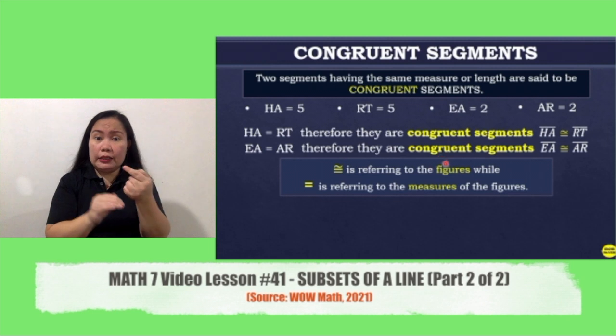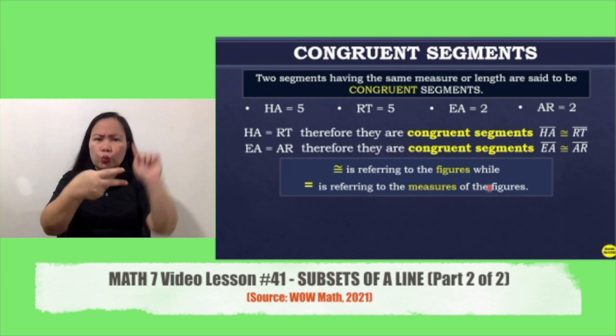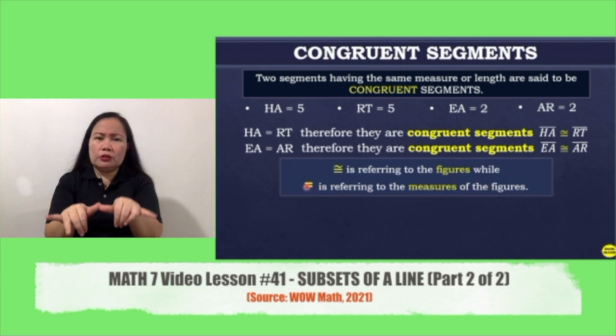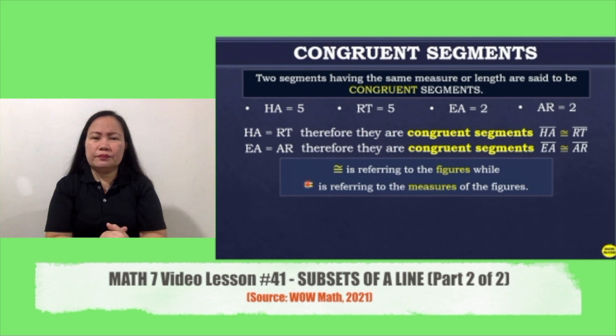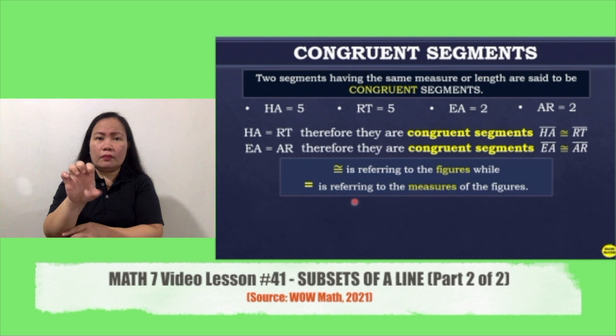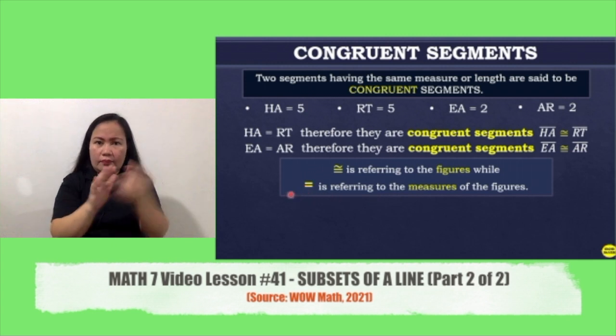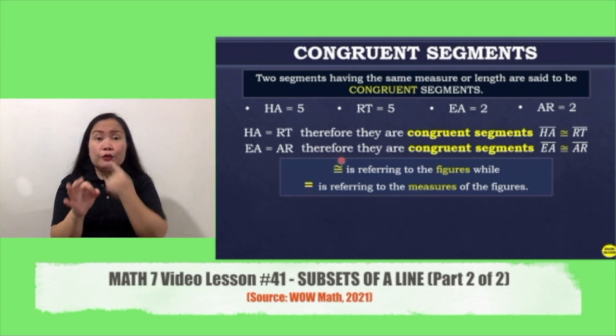Okay? So, hindi ang congruent, hindi siya nagsusukat. Okay? Ang equal sign, ito po yung kinukuha niya po ay measures. So, measures ng figures. Kaya ang equal sign, ginagamit po natin siya kapag ang kinukuha natin ay measures. Kapag equal na sila, then we can say that they are congruent.